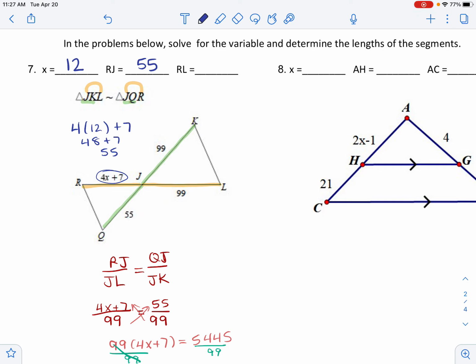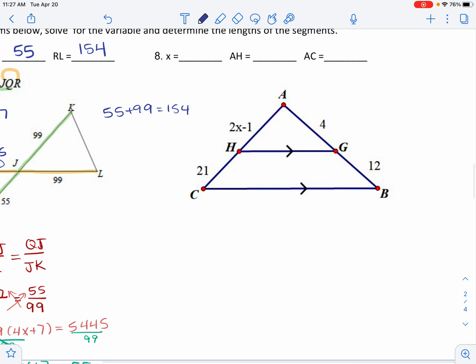And the last thing we're asked to find is RL. Well, RL is this total distance right here. And remember, to find a total, we just add. So if RJ is 55 and JL is 99, I'm going to do 55 plus 99, and I get 154. That is the total distance there.